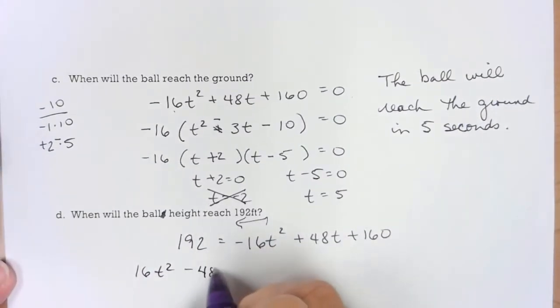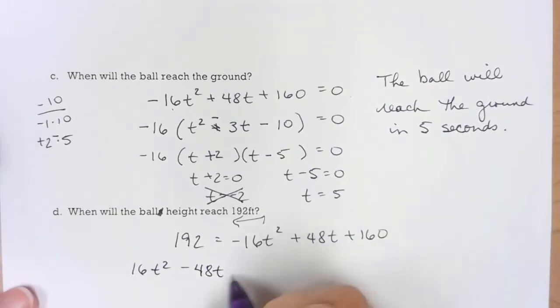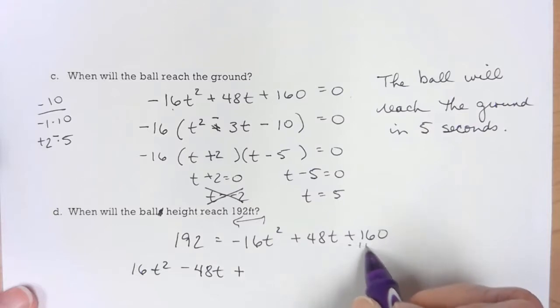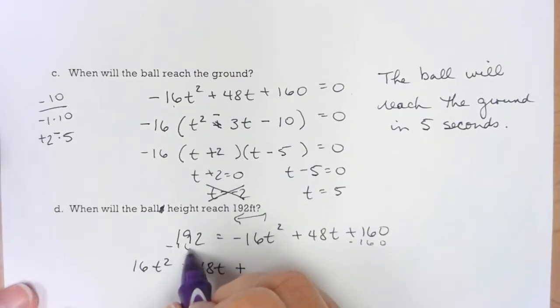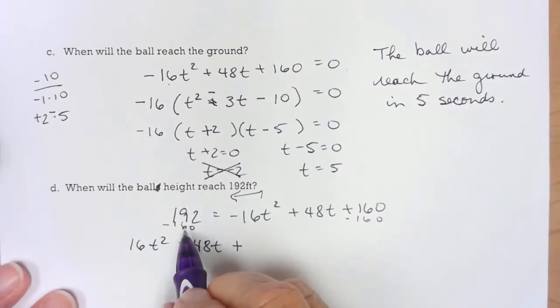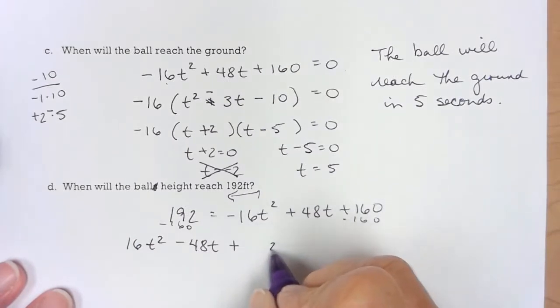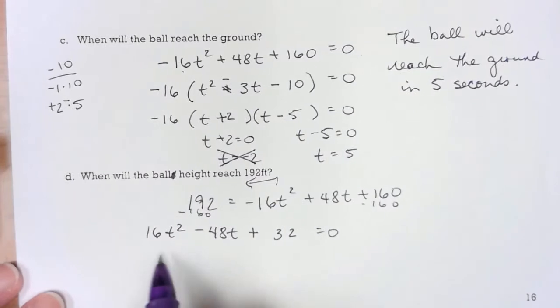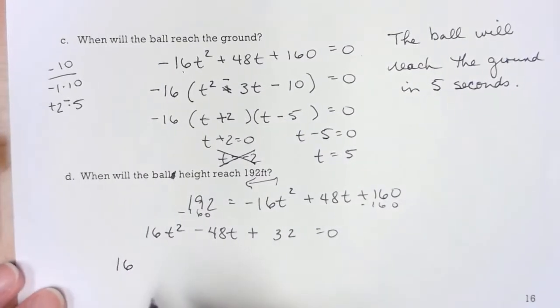minus 48t. That will be a plus. I'm going to have to subtract 160 from both sides, and that would be 32. Let's factor out 16 again.